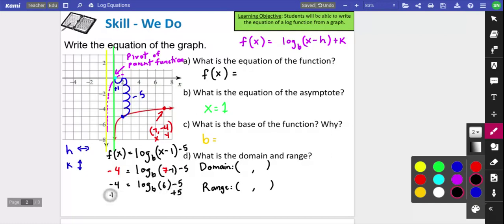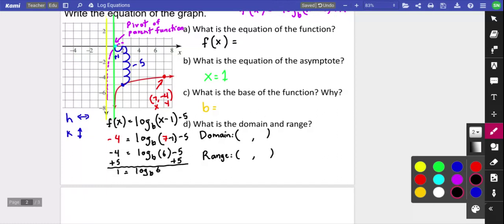Add 5 to both sides. This gives us 1 equals log base b of 6. Now we're going to turn this into an exponential equation. Remember, we want b, the base, to the which power, which is in this case 1, gives us 6.